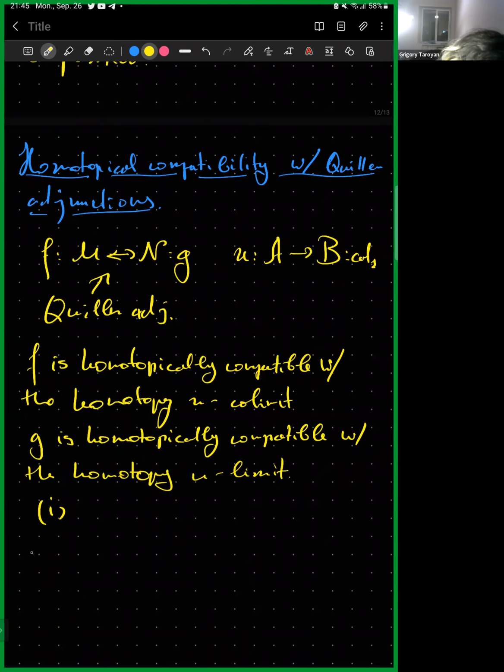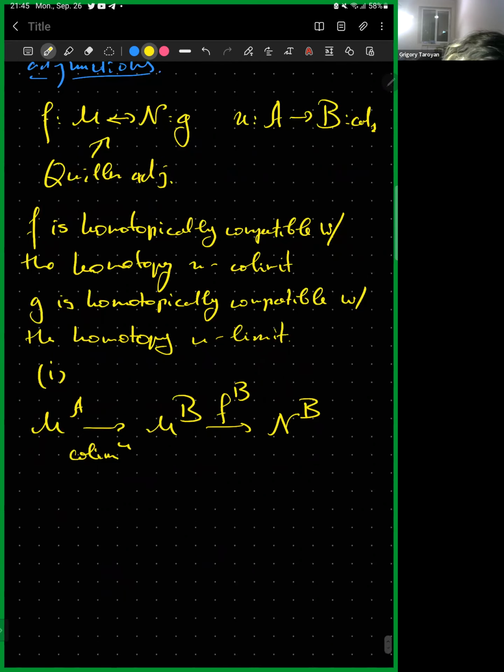We have a category of diagrams like this, we go to a category of diagrams like this. We take the functor induced on categories of diagrams, and we can do this in the other direction.